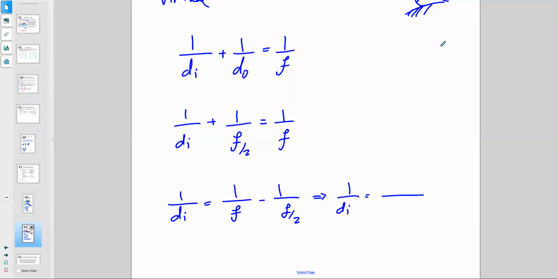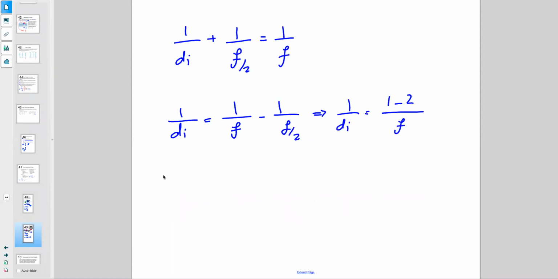Which makes sense. So what I have is 1 minus 2, and then I have an f here. So 1 over di is negative 1 over f, which means that di is negative f. This negative means it is virtual.